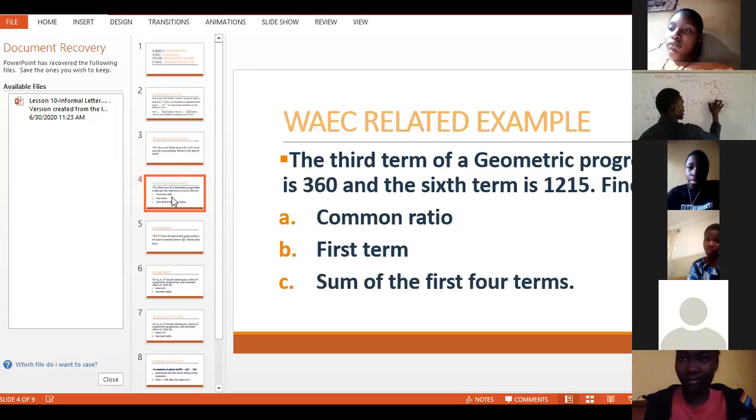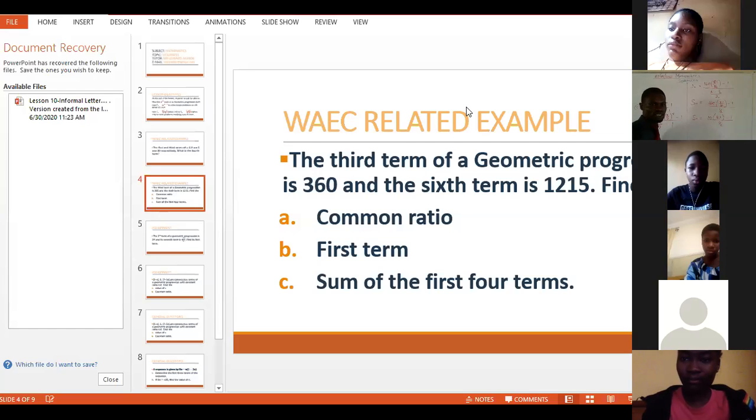So what we have now is Sn is equal to 10 times 81 minus 1 all over 1 over 2.